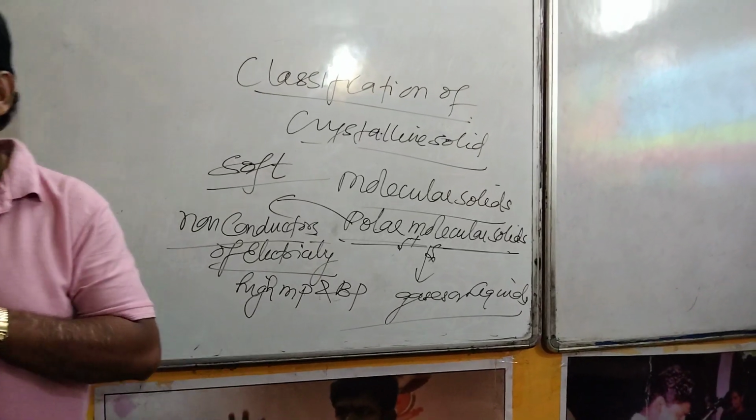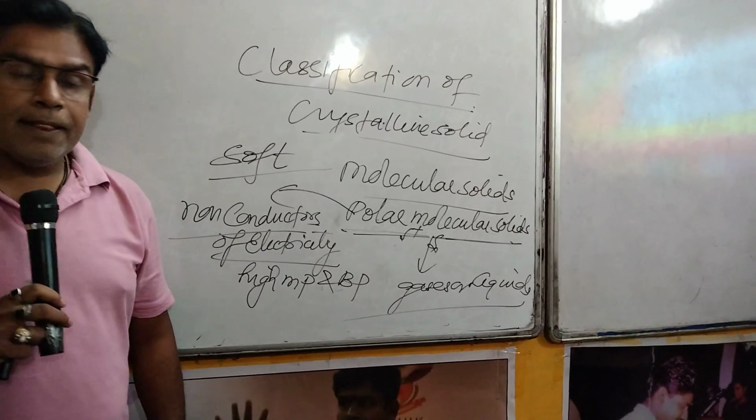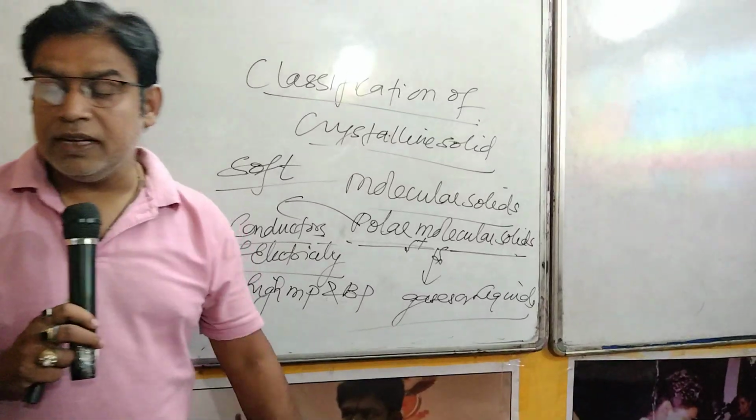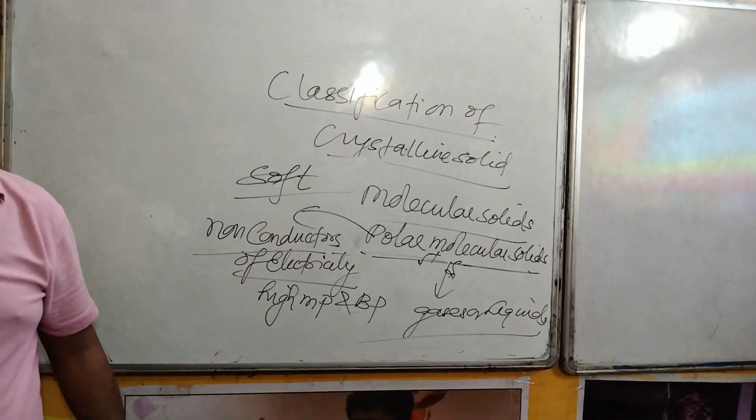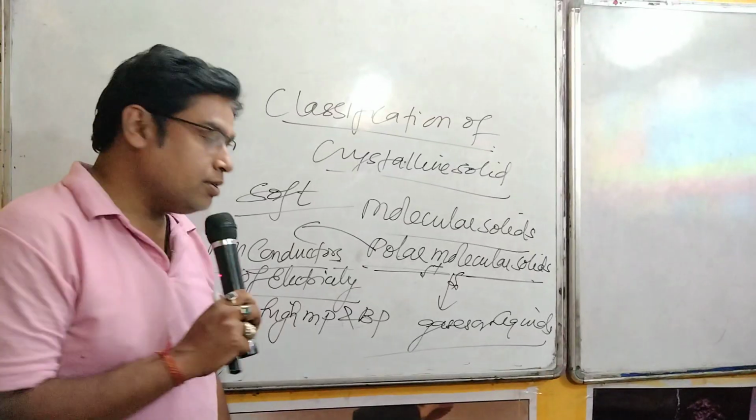और इसके बाद हम थर्ड तरह के molecular solids को देखेंगे, and that is known as hydrogen bonded molecular solids.